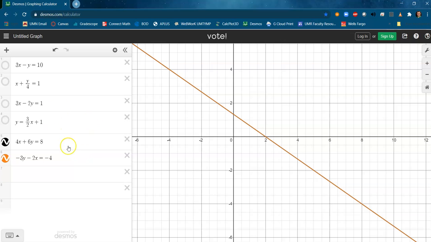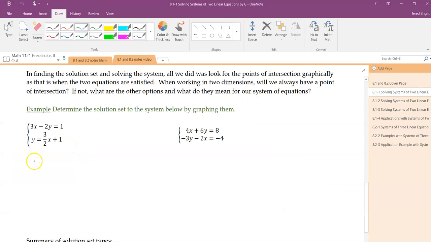Okay, so let's capture those results in our notes. The first system, we said these were parallel lines, and so there's no intersection point. The language that we use here is that we have an inconsistent system.